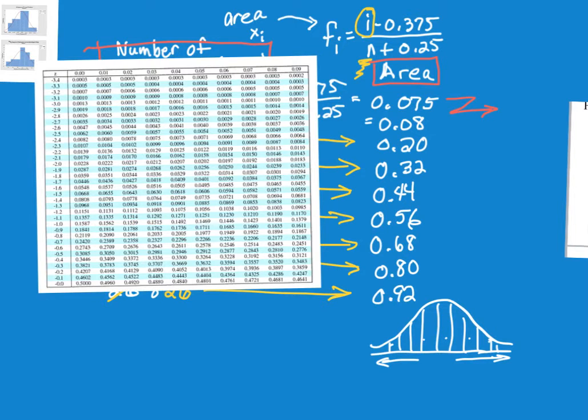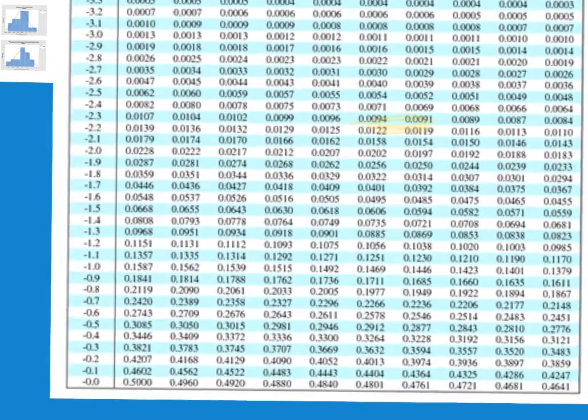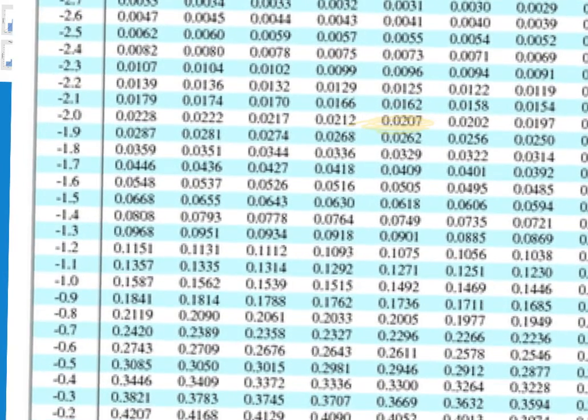So I'm looking for a 0.08 here inside of this z-table. So I'm looking down through all the numbers, and I'm looking for something as close as I can get to 0.08. And what I see is I have something very close to it here. I have 0.0808 and 0.0793.